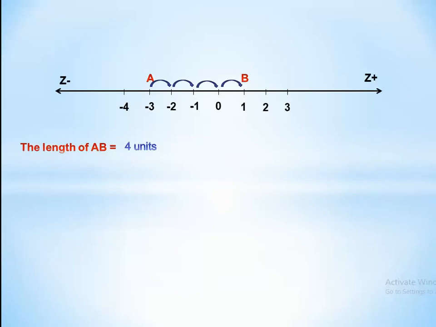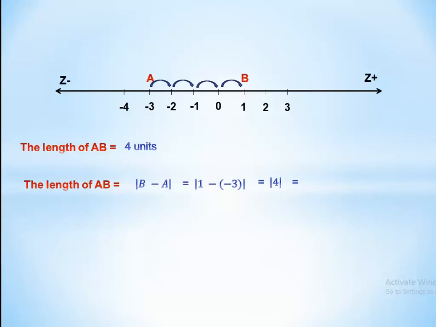But if we don't have a number line, and we need to find the length between the 2 points, we have a rule: the length of AB equals the modulus or absolute value of B minus A or A minus B. Both of them are right. B minus A or A minus B. So the modulus of point B, 1, minus -3 as point A, so it will be 4.